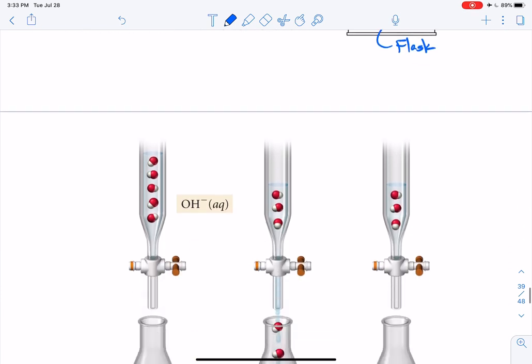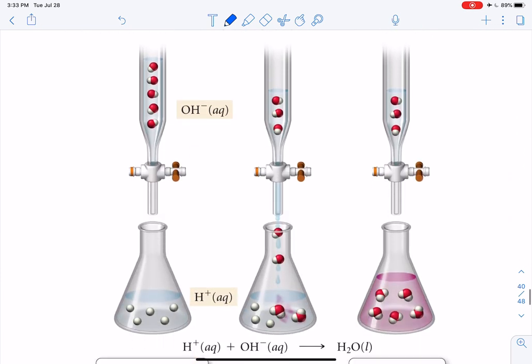Okay, so what does this look like on a molecular level? Well, here we have the Erlenmeyer flasks at the bottom down here, and they are filled with acid. And remember, we use H plus and H3O plus interchangeably, remembering that H plus doesn't really exist in water. It hops on a water to make hydronium, the H3O plus. And then you have a base up here in your burette.